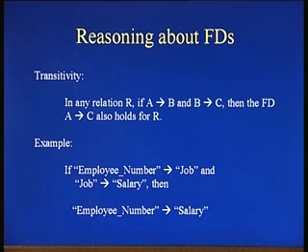Okay, so if the set of attributes A defines a set of attributes B, and the set of attributes B uniquely define another set of attributes C, then we can easily identify the functional dependency saying A also defines C.